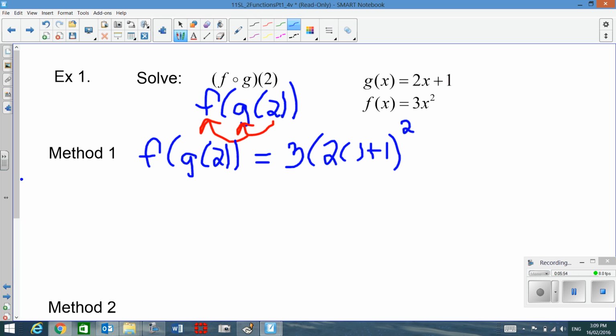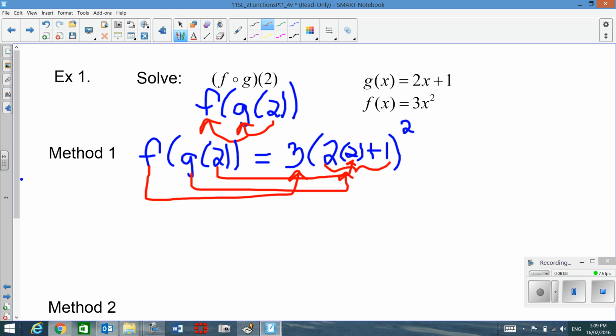But in place of that x, I'm going to put the 2. All right, so what we just did was we outlined our problem using the f. We inserted the g, and then we inserted the 2 in place of the x.